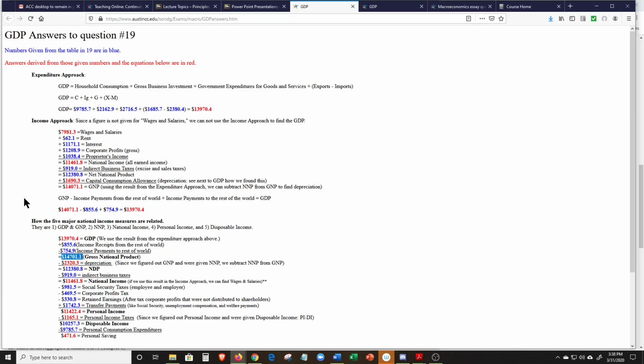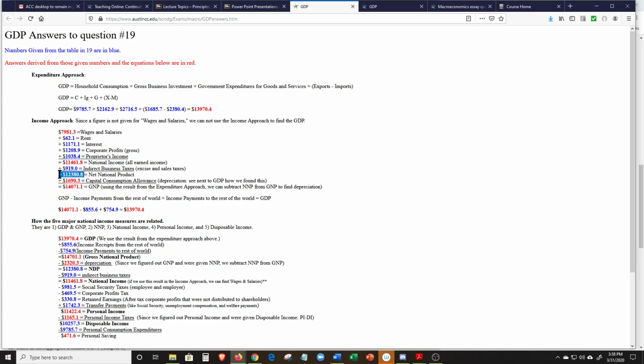And then we take that up here and net national product is given in the table. So if you subtract net national product from the answer we got right here, we can find out the capital consumption allowance, okay? And of course, you could work the other direction too.